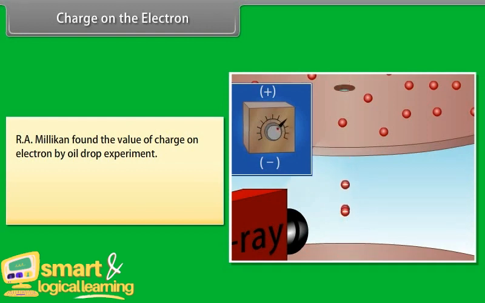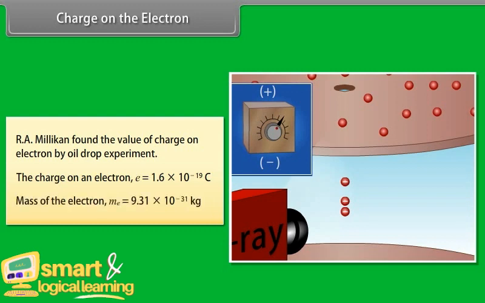The X-rays ionize the molecules of air. One or more electrons thus produced may be absorbed by an oil droplet. Thus, the charge on an electron e is equal to 1.6 × 10^-19 coulomb. Mass of the electron m_e is equal to 9.31 × 10^-31 kilogram.